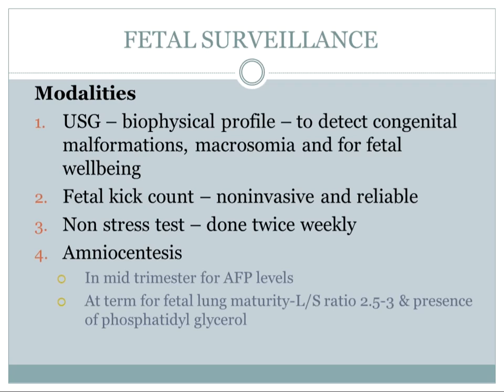So if the LS ratio is 2.5 to 3, or if phosphatidylglycerol is present in the amniotic fluid, it means the fetal lungs are mature and you can deliver the baby. That is the only indication. That also we don't do in every patient, only when we are doubtful about the gestational age and there is confusion about it.